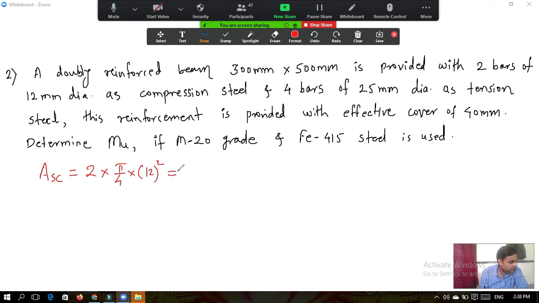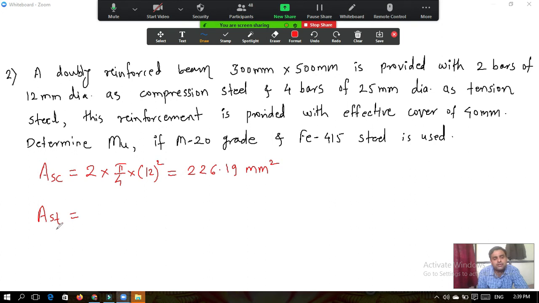What is the answer? 226.19 mm square. This is the area. Others, please do check the answers. Now this is the area of steel in compression zone.